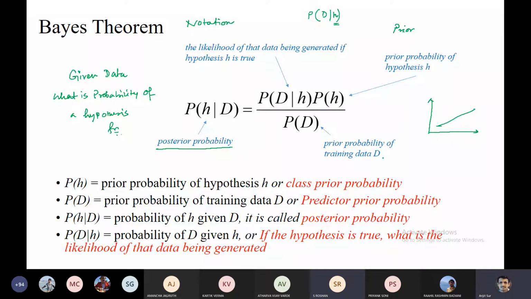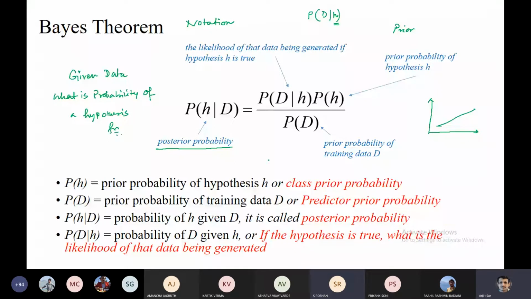So these are very important things. P of H is the prior probability of the hypothesis H, or class prior probability. P of D is the prior probability of training data, or predictor prior probability. So these are the names actually. Don't be confused if they give you different names. P of H given D is called the posterior probability.